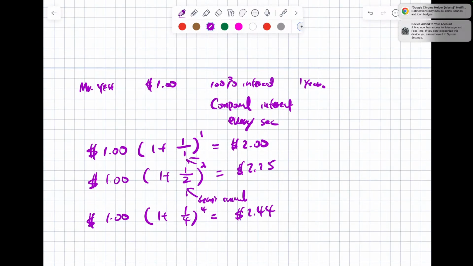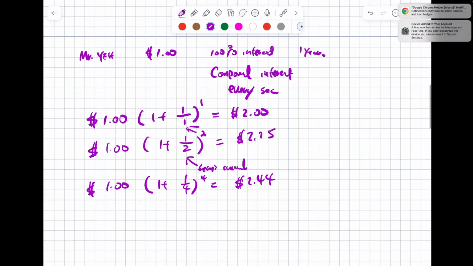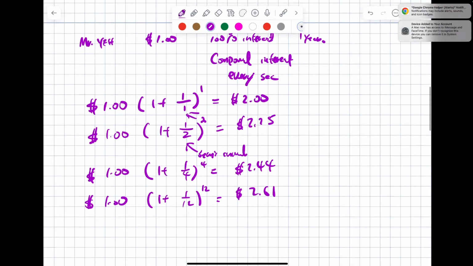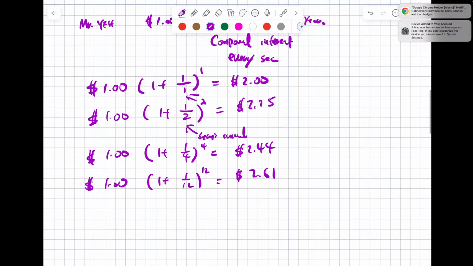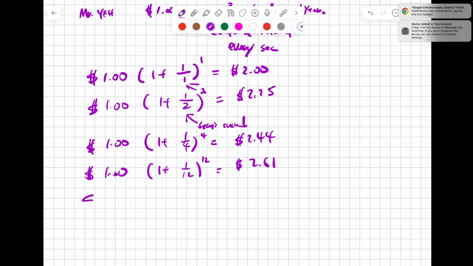But Mr. Ye, you said you're gonna do it every second. Well, we're gonna get there, right? So the next one we're gonna do is 1 plus 1 over 12. That means monthly. So what am I gonna get here? $2.61. Okay. It's getting more. Like you might be able to bankrupt me if I charge more, right?